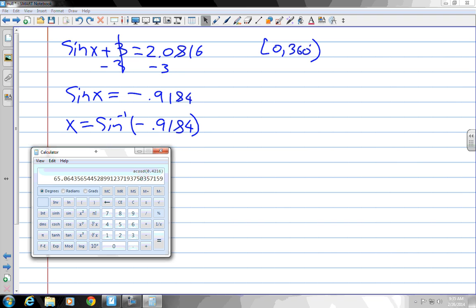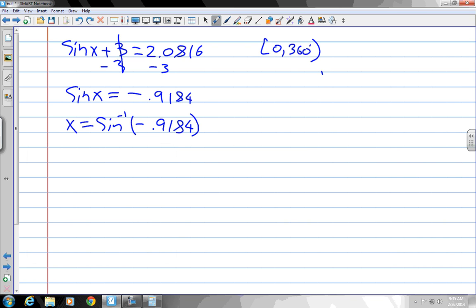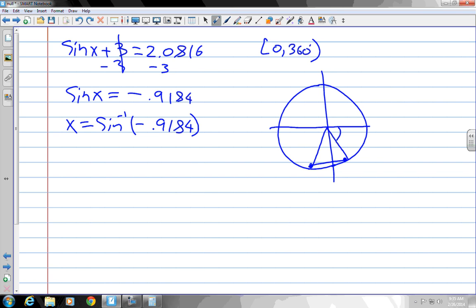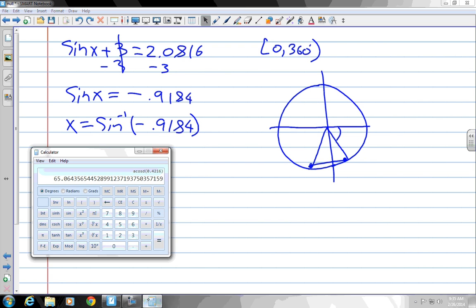So the answer that we'll get will be in this region. And since it's negative, it will be on this side. And if it's -1, it will be really close to the bottom. That's what we'll get for our answer. We'll get a negative degree measure. Okay? And then we'll have to find the other one, which will be here. Right? And I'll have to get really creative. But anyway, let's just do that first measure.